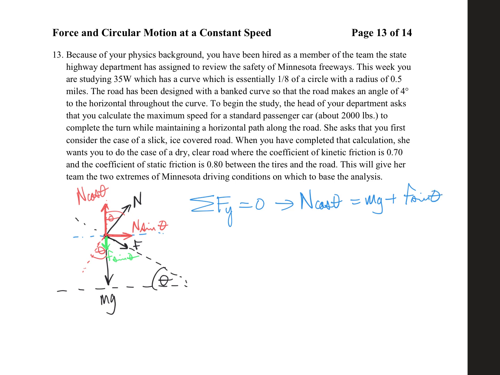So N cosine theta minus mu N sine theta, because F, friction, is defined as mu N, the coefficient of friction times the normal force. That's its general definition. Again, you've had a chance to deal with that in the book. So that means N would just be, in this case, mg over the rest.